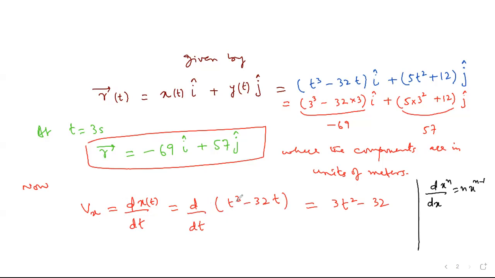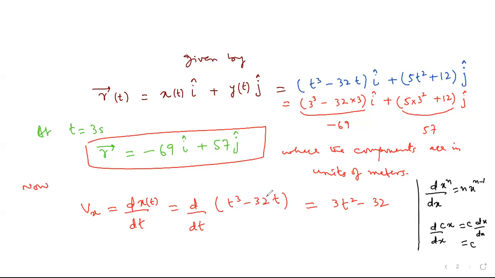It is d by dt of t cube, that will be 3t raised to 3 minus 1, that is 3t square, and then d by dt of 32t, 32 can be factored out because d by dx of c times x, c is some constant, is c times d by dx of x, that is just c.